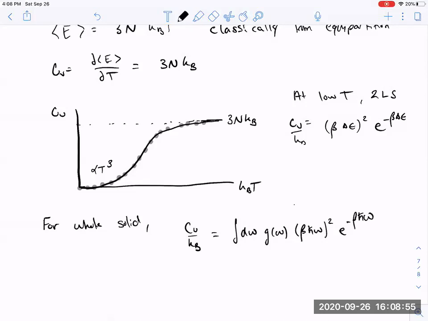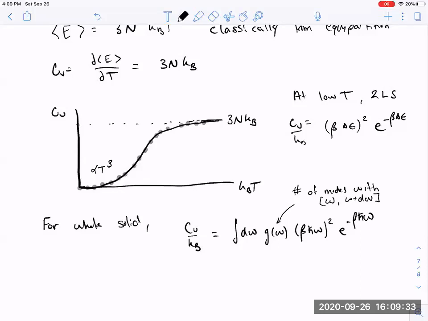And now this factor here, G, we've introduced is the number of modes with some frequency between omega and omega plus some d omega. So it's a density of modes. How many modes are there with a specific frequency?